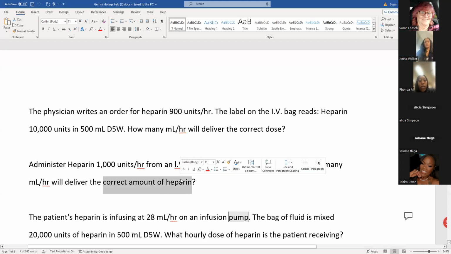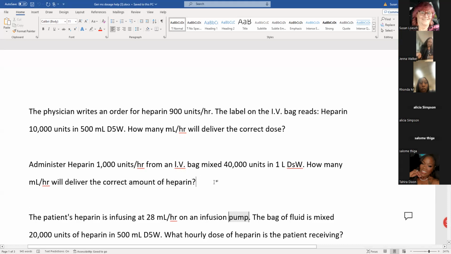The desired dose. This is the same as your dose, right? Because that's what you're giving, your dose. I want you to see that, because that tells you what my formula is going to be. If I'm administering a dose, desired over half, correct. Okay, so what do you have on hand?